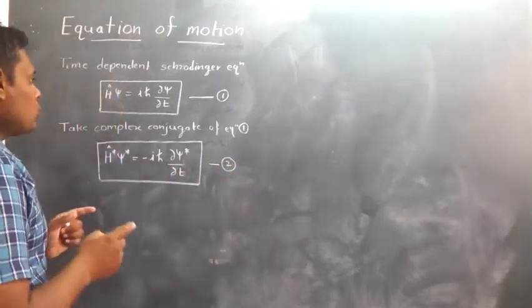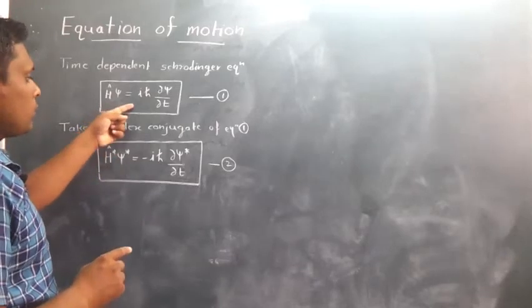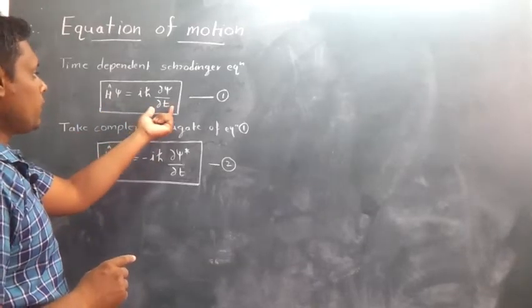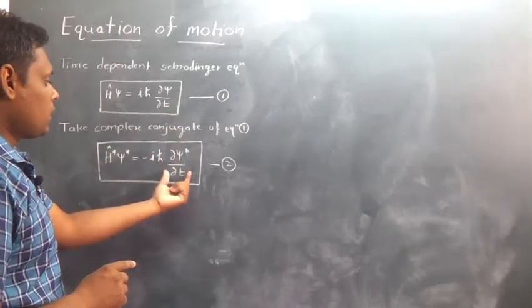I am going to rearrange equation number 1 and equation number 2 for evaluating delta psi upon delta t and delta psi star upon delta t.